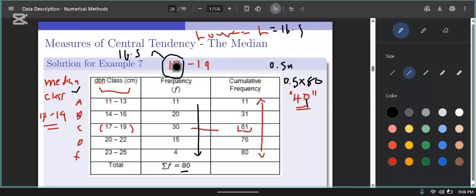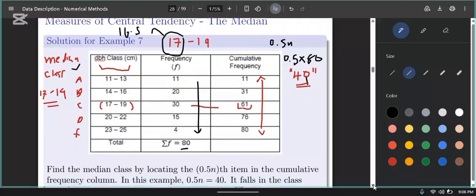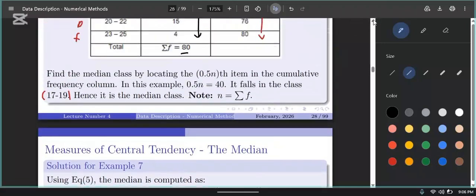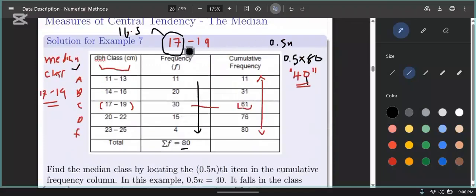So you just get the lower class value, which is 17, and go to the number before it, which is 16.5. So L is 16.5. In some cases you can just pick the 17 itself, but if you want to be more thorough, you can go to the number before it.